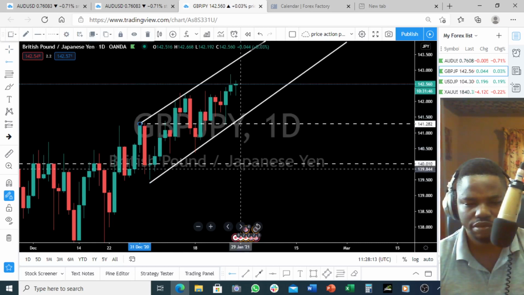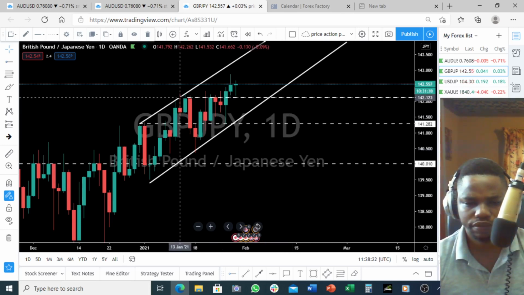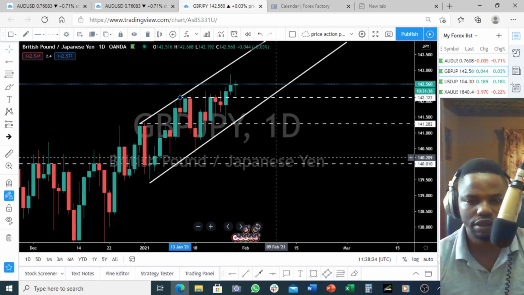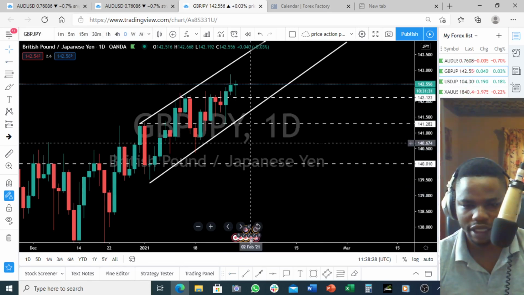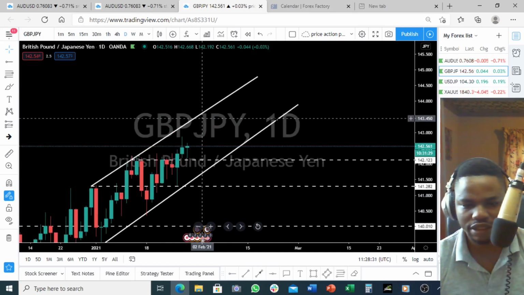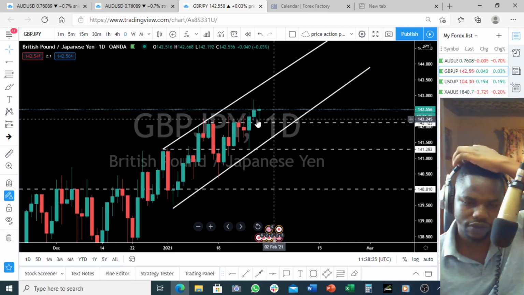Let me try and put the support levels here. I'm going to guard against it. This one, it won't leave my side. No matter how difficult it is, it's never going to leave my side. This one. Okay, so it means that it will come.